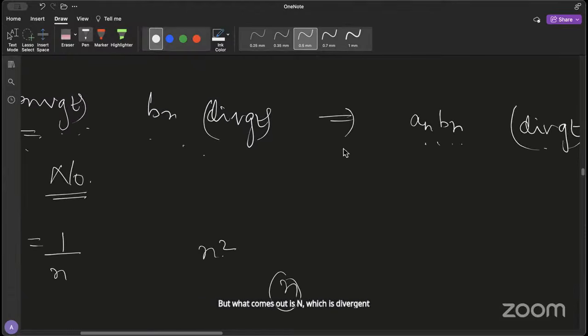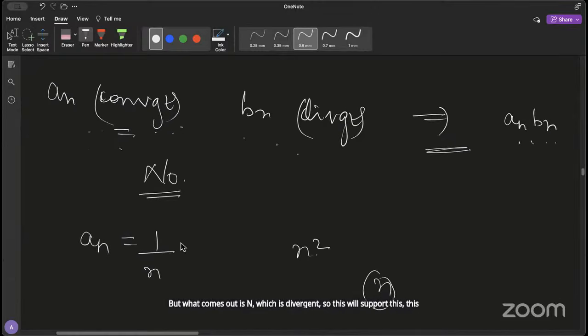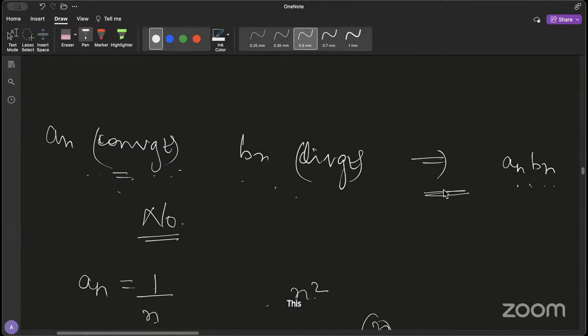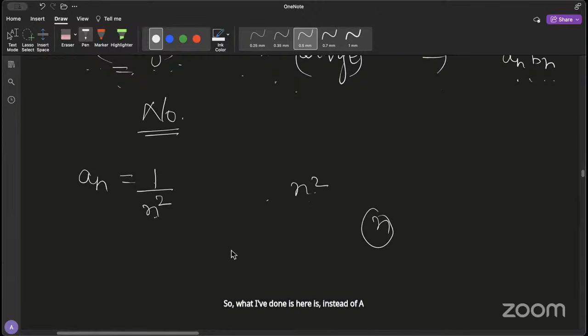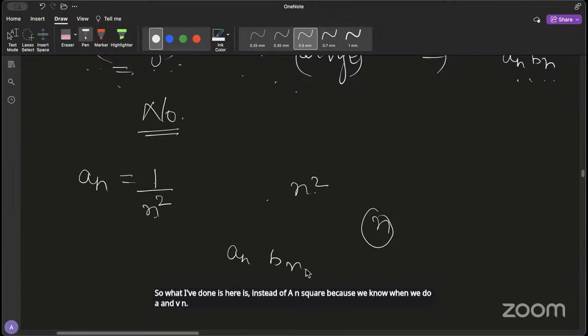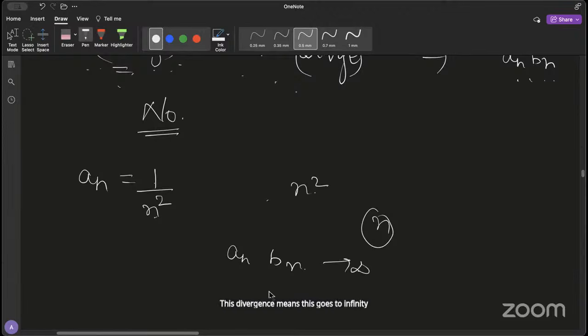So this will support this statement, right? If I take An to be 1 by n, Bn to be n square, this example is going to support what is written here. And I am trying to find a counter example. So what I've done here is, instead of 1 by n, take 1 by n square, because we know when we do An Bn, this diverges, which means this goes to infinity, right?